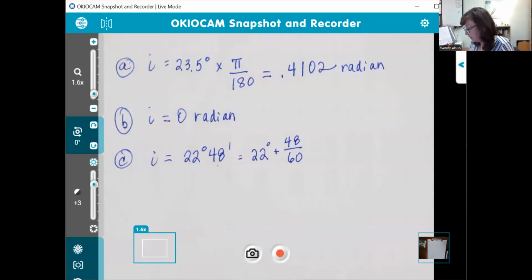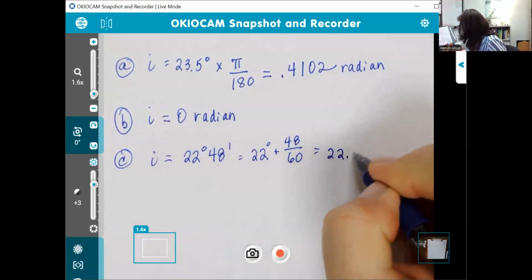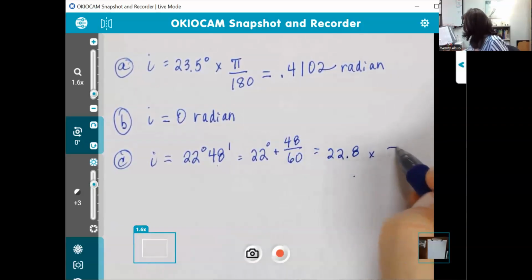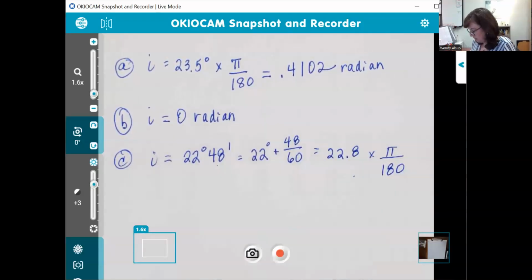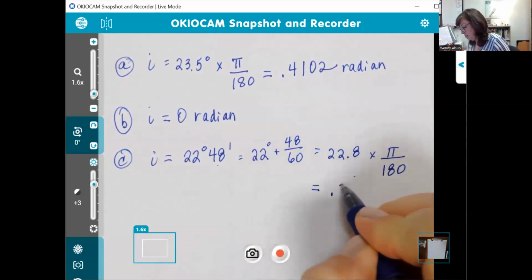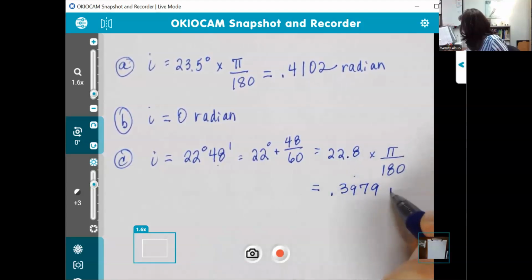I got 22.8. That's still degrees, so I want to switch it to radians, times pi divided by 180. So 22.8 times pi divided by 180. I'm going to round to 4 decimal places again, and I got 0.3979 radians.